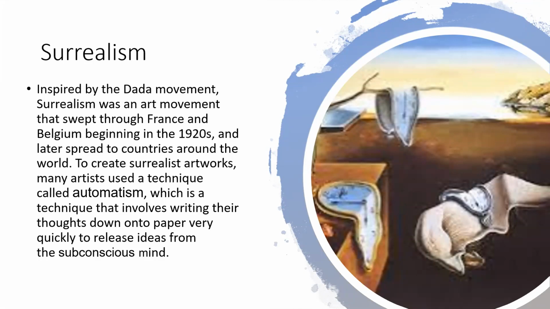They would create these collages and assemblages that had some kind of unique and weird things going on. And mostly what they were doing is responding to the war. It was a European movement that mostly focused on what was going on in Europe and how they responded to the war.